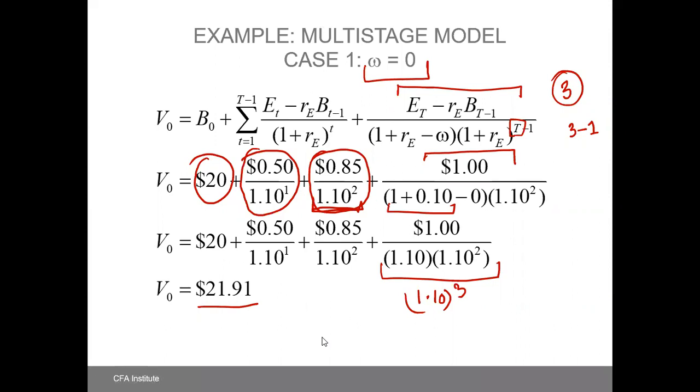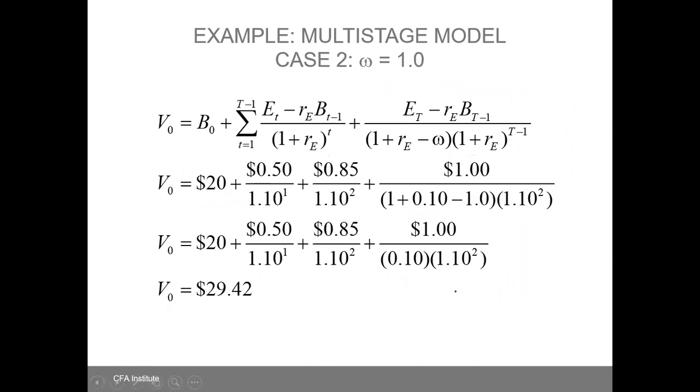So it is nothing new. It seems that we are doing the same thing we did earlier. But when will it become different? It will become different when omega is not equal to 0. When omega is equal to 0, it essentially becomes equal to what we just did earlier.